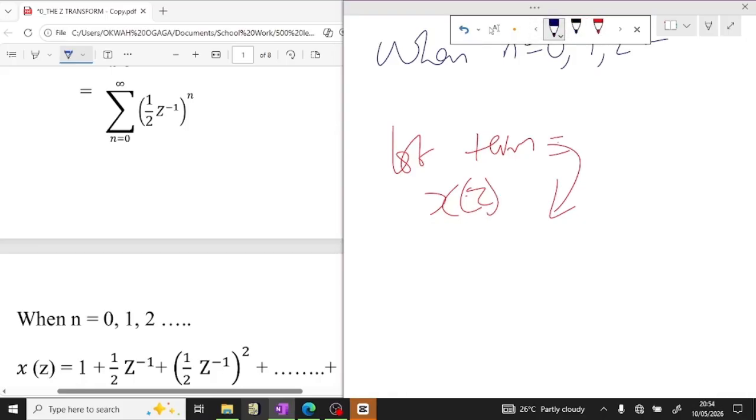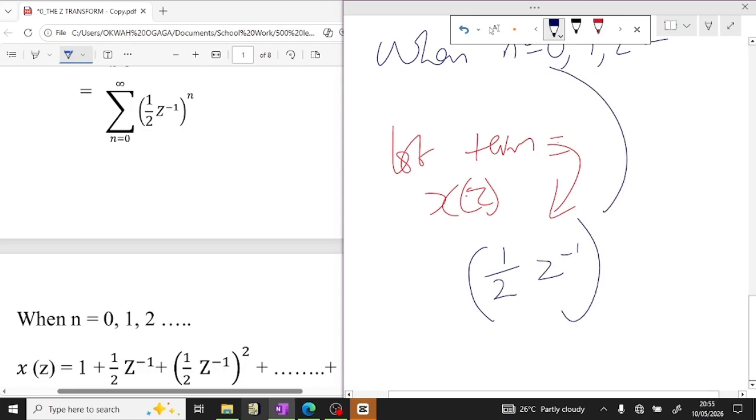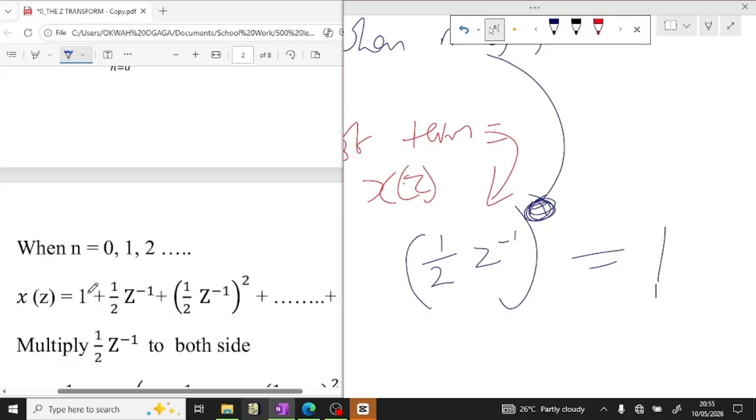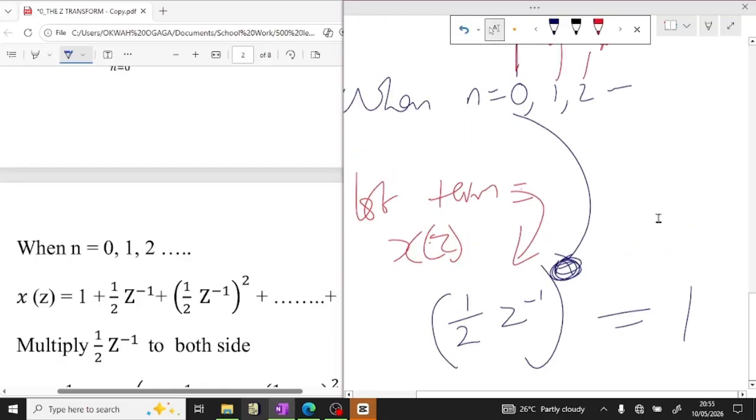We now have 1 over 2 z minus 1, when n is 0. It's supposed to be n, but when n is 0, anything raised to the power 0 is equal to 1. So everything here will be equal to 1. That is why you see what you have here. The first term is exactly 1.